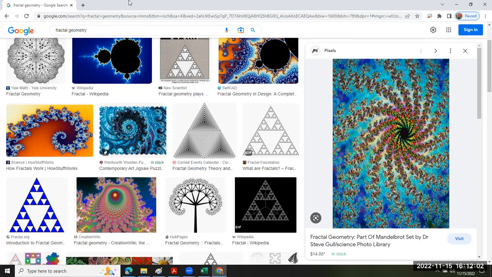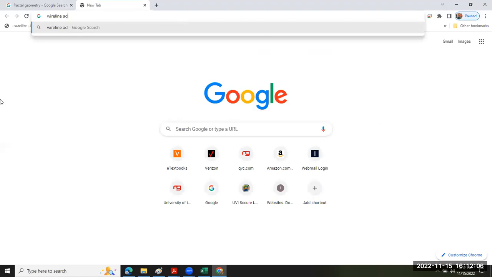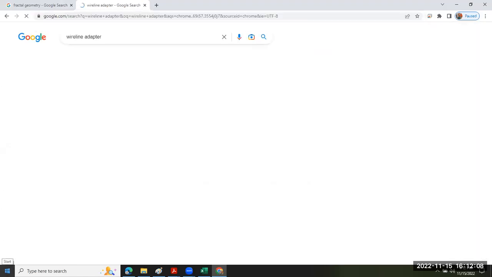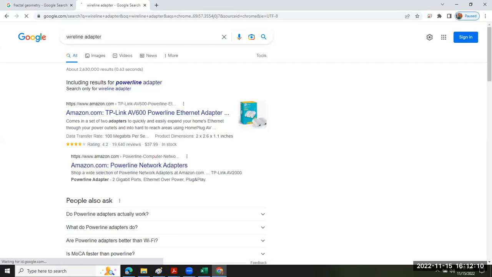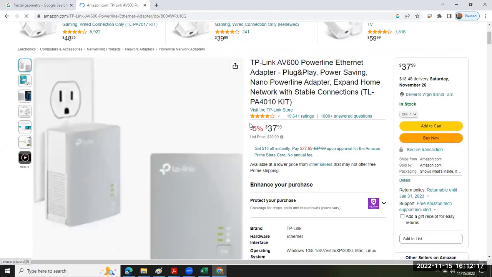Has anybody ever heard of a wireline adapter or a power line adapter, right? You can actually put data across very large electrical, like big transformer lines. In that case, it's called power over mains.